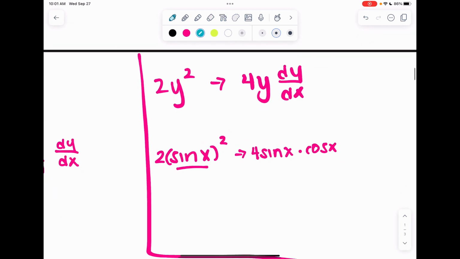So let's talk about how this relates to one another. The 4 stays the same. We're bringing that exponent down. We're subtracting 1 from the exponent. And then we don't know what the derivative of y is, right? We don't know what y is equal to, so we just say dy/dx. So this is the derivative of y, or that inner function.